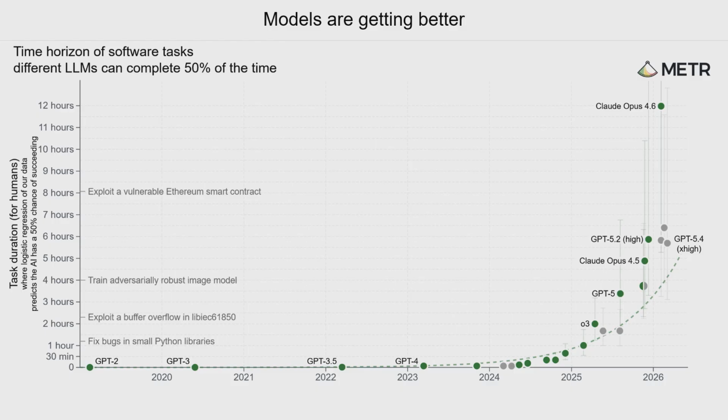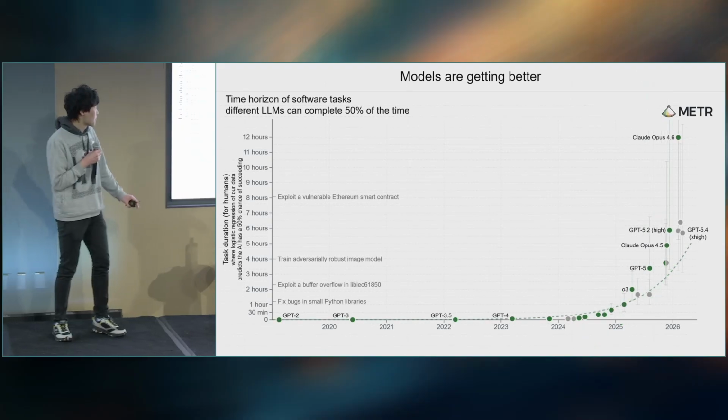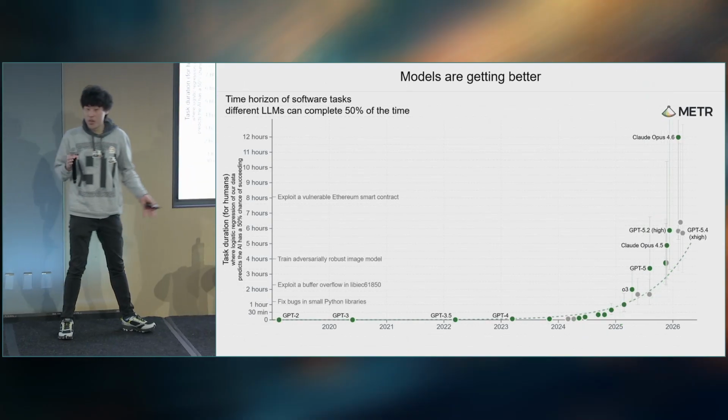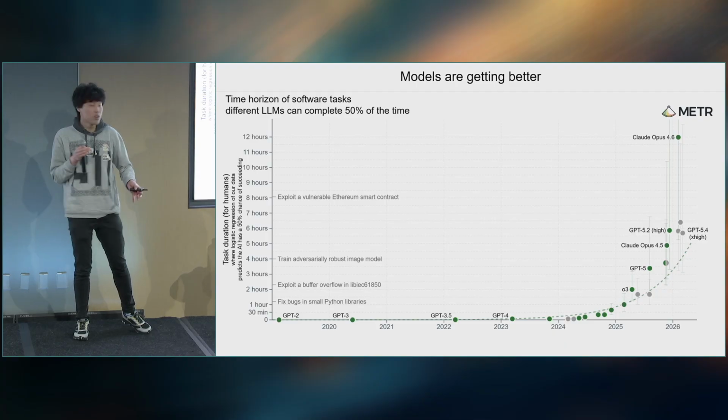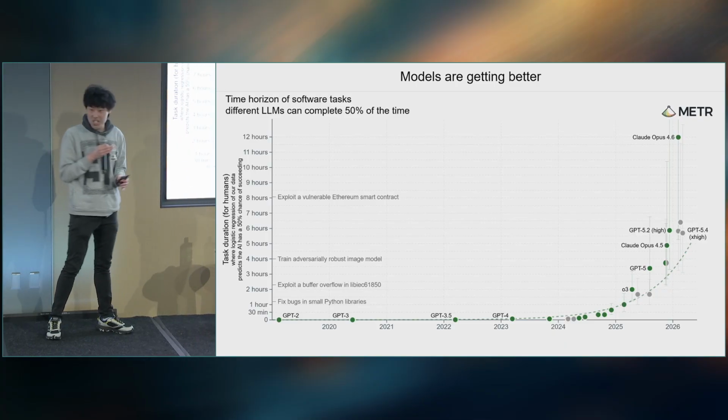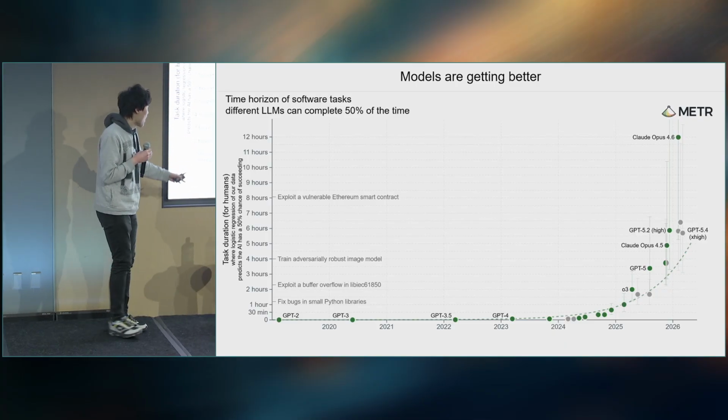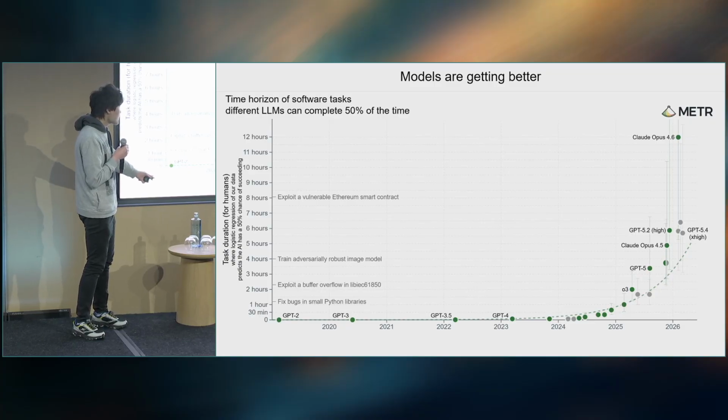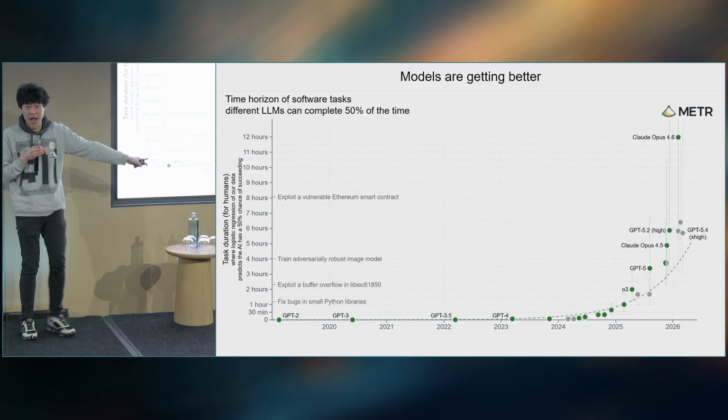Have folks seen this plot before? The METR plot. If you don't know it, you should search for METR on Google. They have a very good plot showing the capabilities of models over time.